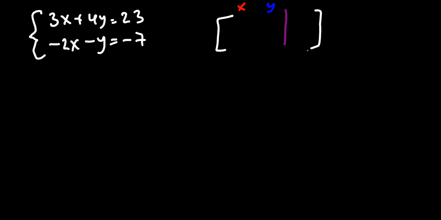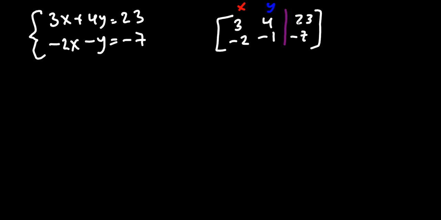Our x terms are 3 for the first one, negative 2 for the second one. Y terms are 4 for the first, and negative 1 for the second. And then for the right side, it's 23 for the first one and negative 7 for the second.